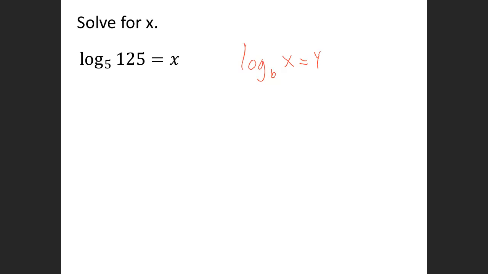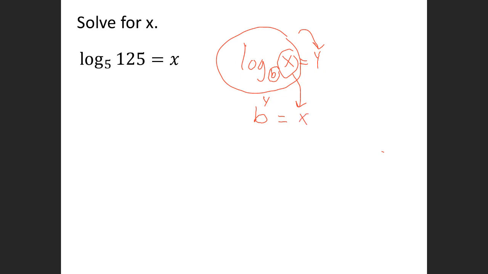Then we can rewrite this as an exponential function by taking the base, which is the b here. And the log is always going to be equal to the exponent. So this log right here is equal to y, so that means that y is going to be the exponent. And then our last variable would be what the exponential part is equal to.